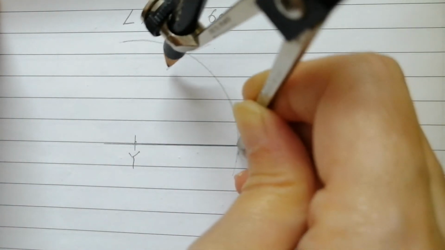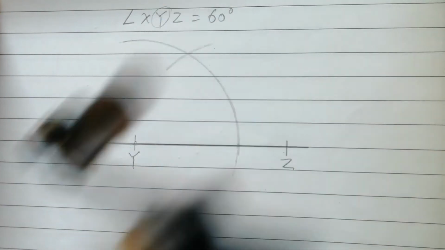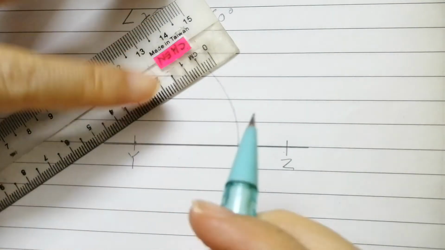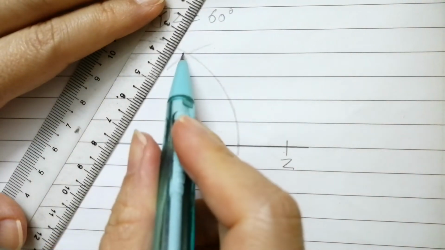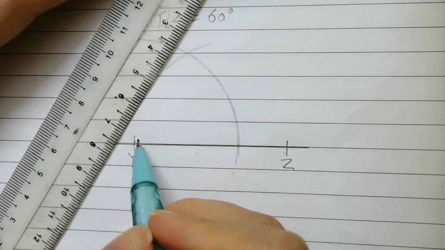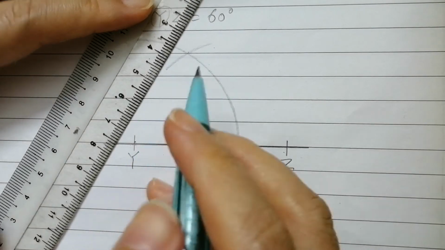After I get the intersection point of these two arcs, I will use my ruler and a pencil to join these two points.